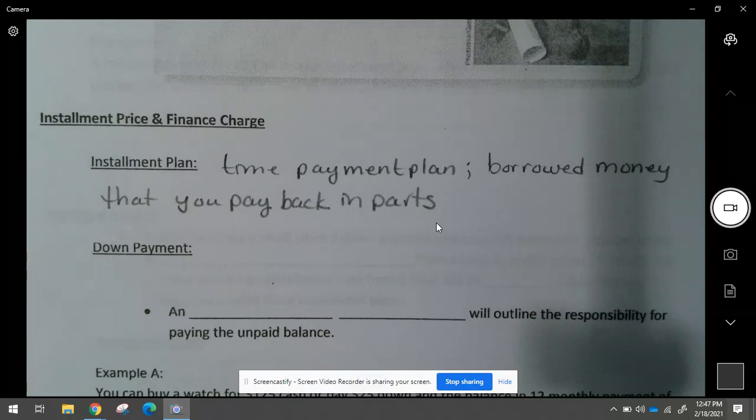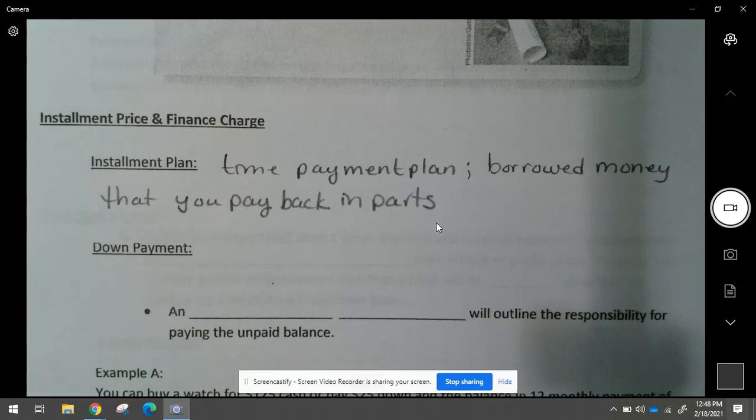Some things that you might want to buy on an installment loan could be things like stereo systems, bigger items, refrigerators, appliances, boats, cars, furniture, anything that can be bought on an installment plan or a time payment plan.